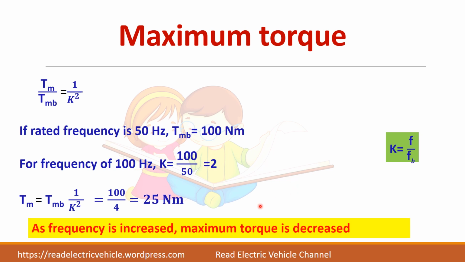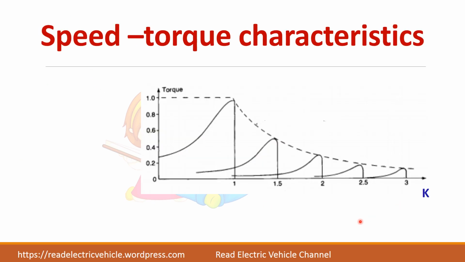So this method is also not a very efficient method, because as you increase the frequency, your maximum torque is getting reduced. You see the speed torque characteristics. Here it is drawn for torque and K. K is nothing but new frequency divided by rated frequency. So when it is equal to 1, that is the normal characteristics you will get.